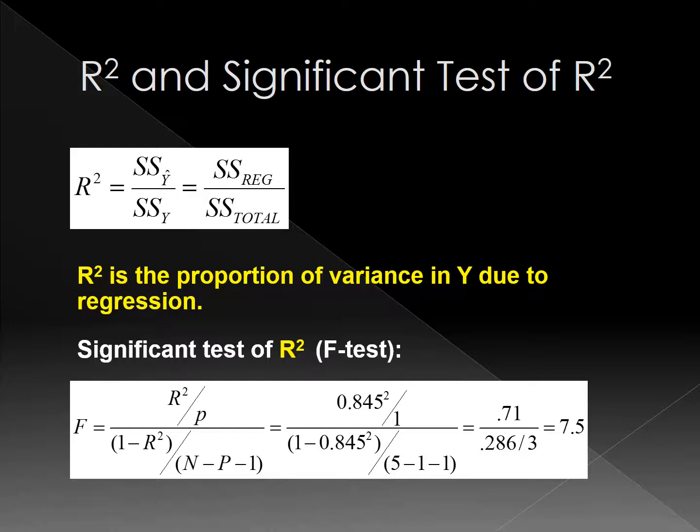So the top is 0.845 squared divided by 1. Bottom is 1 minus 0.845 squared divided by 5 minus 1. We will again get 7.5. Is the proportion of variance in Y due to X significant? This F-test was not significant.